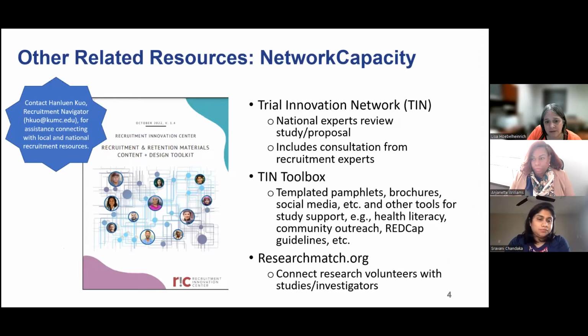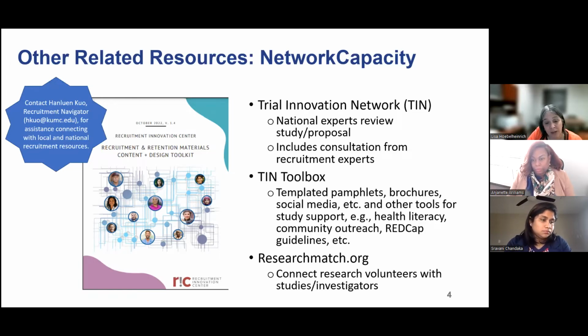Before we jump in to talk about the details of those regulatory issues that I'm going to discuss, I wanted to mention a few of the core and other resources that we have through Frontiers, because we won't have time to really dive into those today. The first is our network capacity core, and Holland Kuo is our recruitment navigator. He is available for assistance in connecting study teams and investigators with local and national recruitment resources, including the resources of the Trial Innovation Network.